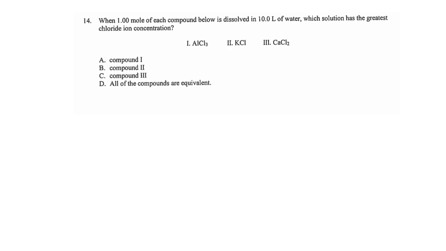When 1 mole of each compound below is dissolved in 10 liters of water, which solution has the greatest chloride ion concentration? So all of these compounds are water-soluble ionic compounds. So if you take 1 mole of AlCl3, you're getting Al3+ plus 3 Cl-. When it dissolves in water, you're getting 3 moles of chloride ion. So this solution here would be 3 moles of chloride per 10 liters of water.